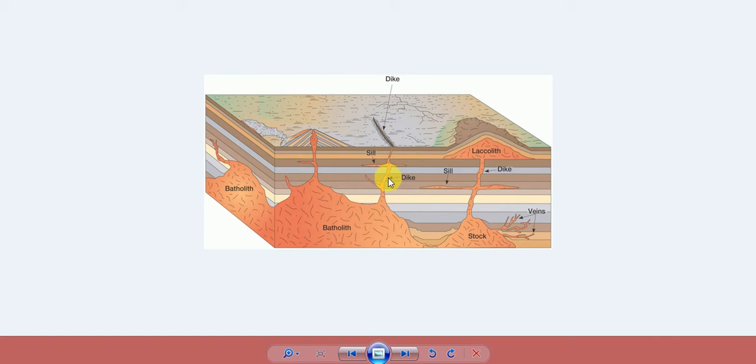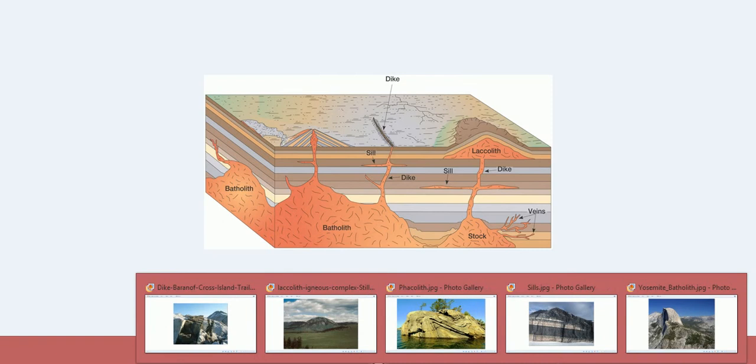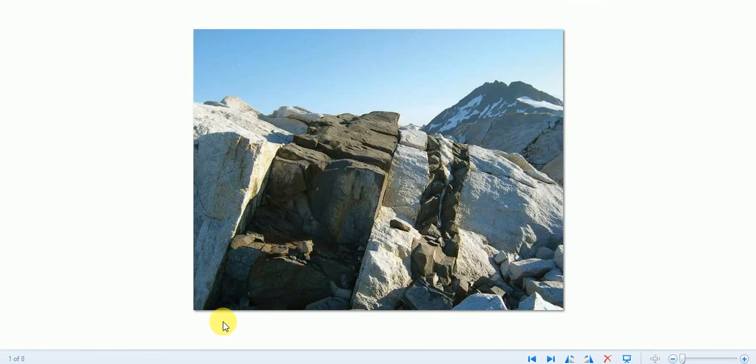Dike means vertical intrusions. And here we have a photograph of a dike. Here you will see this dark color intrusion in this photograph, and this is a dike, and this is also another one.